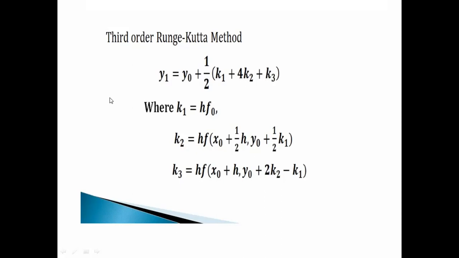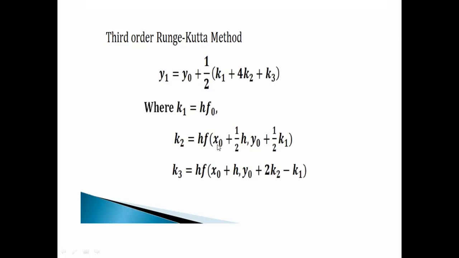Here k1 is equal to h into f of x naught comma y naught. I have shortly written f naught. F naught means the value of f at x equal to x naught, y equal to y naught, the same formula for k1 as in the RK method of order 4. How to get k2?